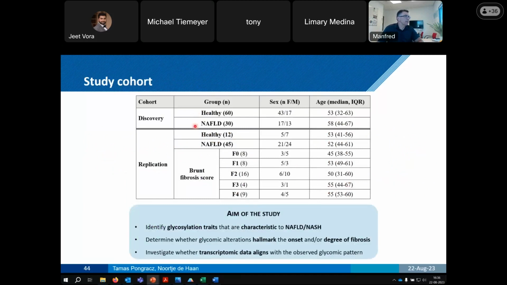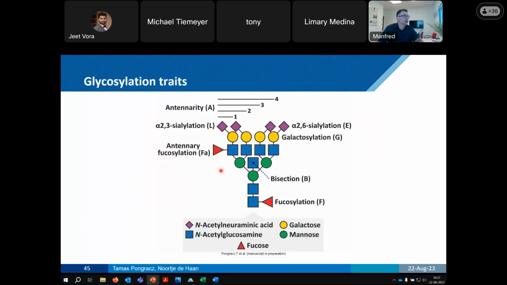Now, our clinical collaborators asked us for differentiation between patients, and they were particularly interested in picking up these fibrosis patients, F1 to F4, and differentiating them from other fatty liver disease patients.